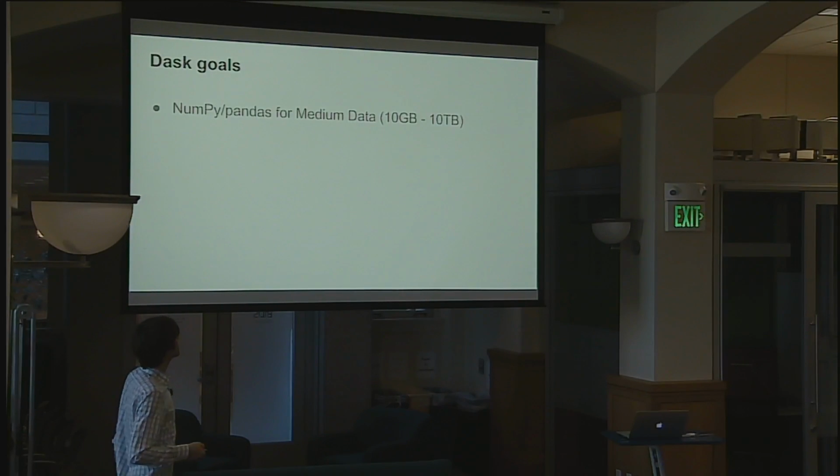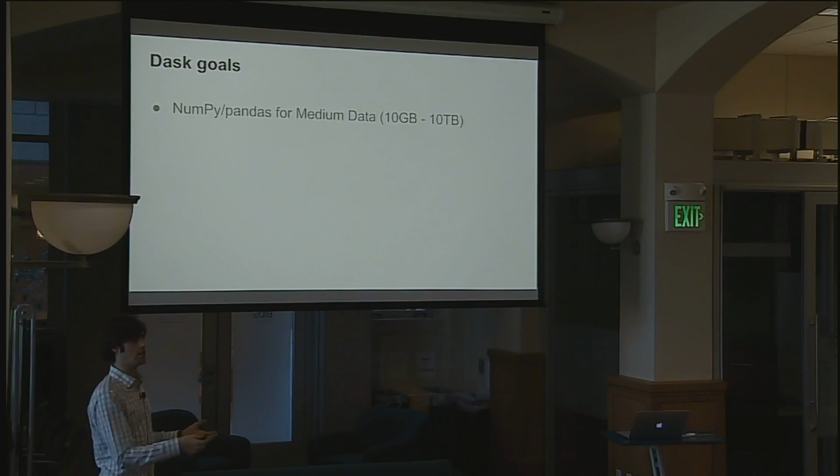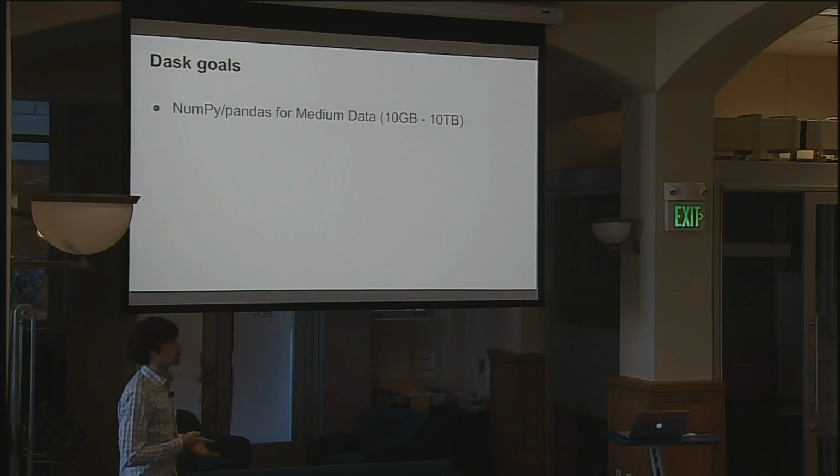There's a lot of data that falls in the range of, say, 10 gigabytes to 10 terabytes, which is awkward: you can't fit it into memory on your machine, but you can fit it on your hard drive, and you don't necessarily need a truly gigantic scale supercomputing solution. A single machine or small cluster of machines can get you a huge amount of bang for your buck. So dask tries to solve this problem first before trying to solve the really big data problem.